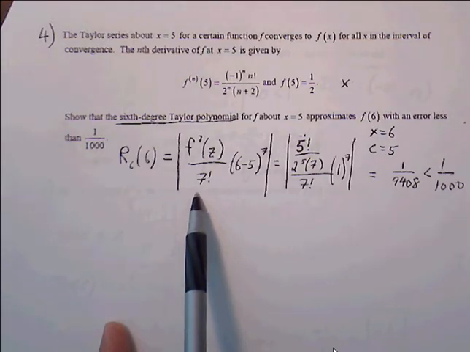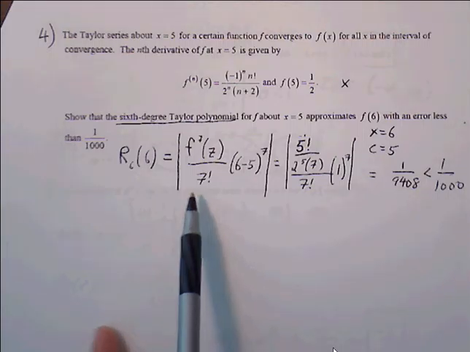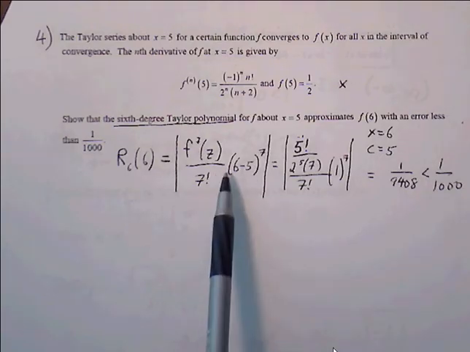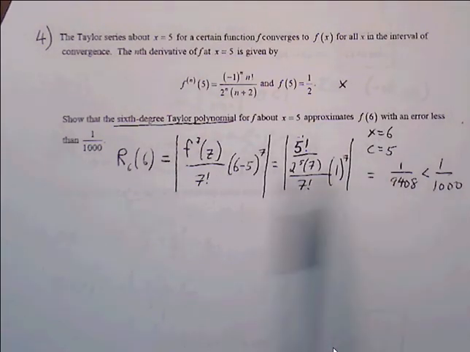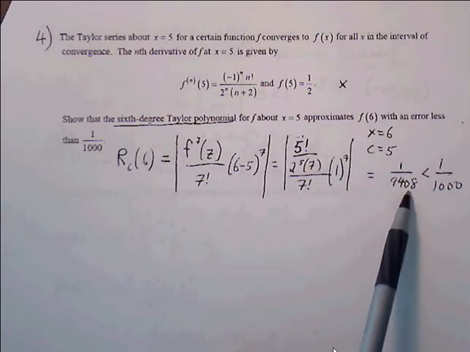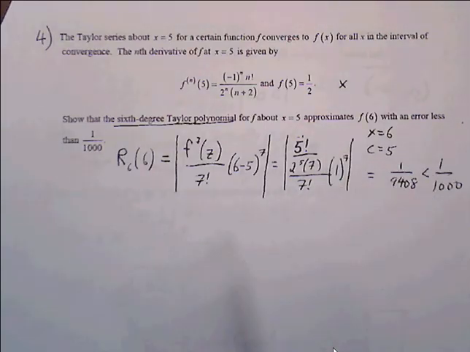Since that's the rule for our error bound. X minus c, so 6 minus 5 to the 7th. And then if we plug this in our calculator, it's 1 over 9408, which is less than 1 over 1,000.